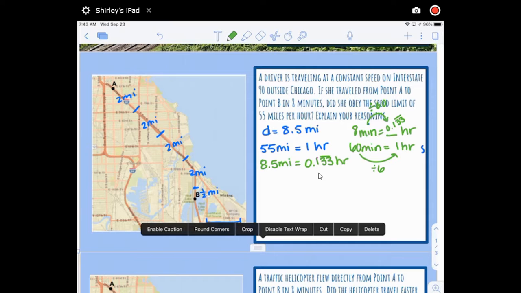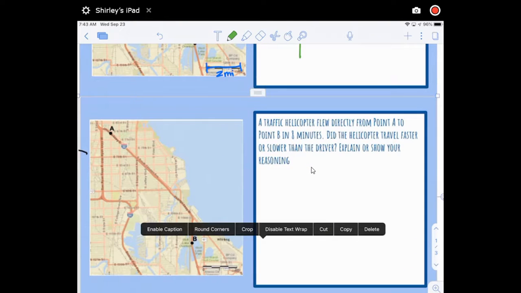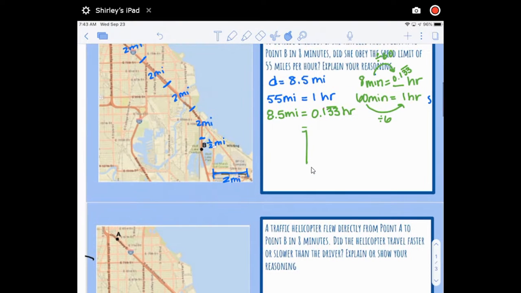I need to convert this down to see if her speed matches the speed limit. My speed limit here is in blue. Everything in green is what my driver is actually doing. So I need to figure out how many miles my driver is going in 1 hour.